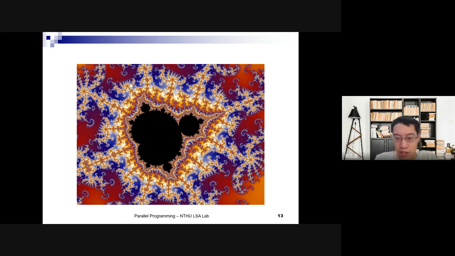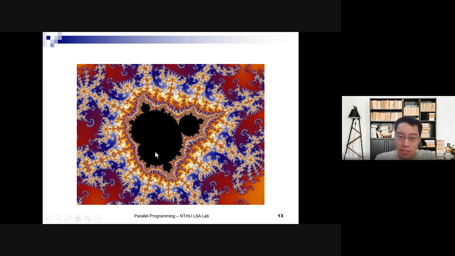As you can imagine, for some pixels you can identify it does not belong to the Mandelbrot set in even the first iteration, and for some pixels you will find out its distance goes over 2 in later iterations. So the color here shows that if you find out you are not in the Mandelbrot set in a later iteration, then your color will become darker.